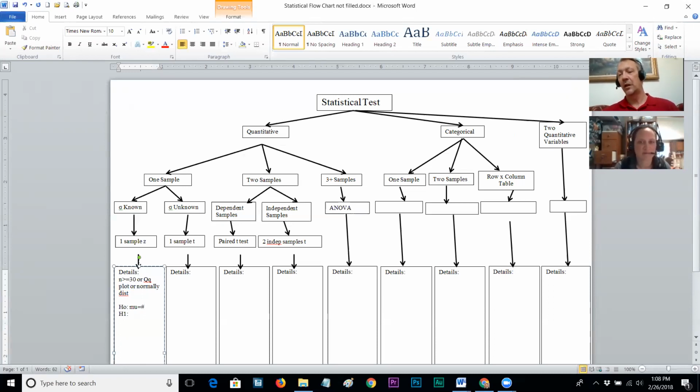You should never use X bar in a hypothesis, because the hypothesis is always about the population. You can put in any details here, and then your alternative will be either mu is less than, greater than, or not equal to that same number.